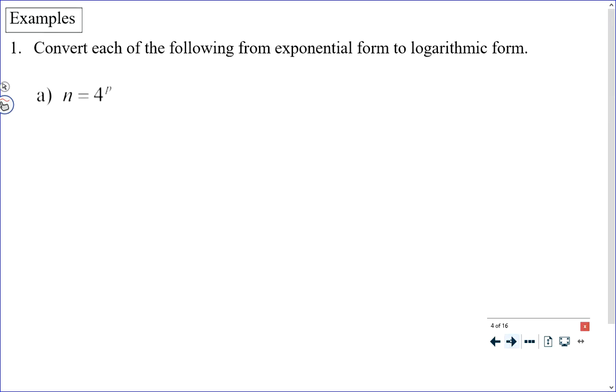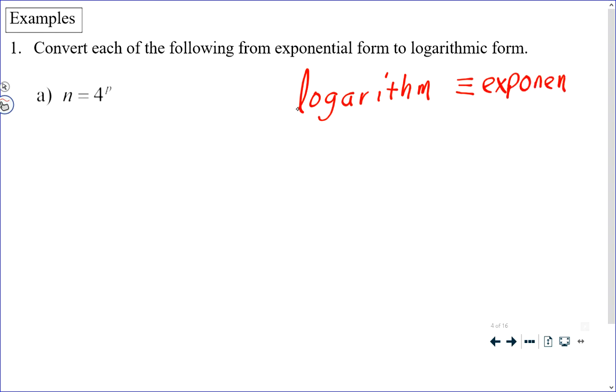So convert each of the following from exponential form to logarithmic form. What I would like to impress on you is that a logarithm is an exponent. And there are going to be a couple of advantages to thinking that way. The first one is to remember that we have to write this as a logarithm.